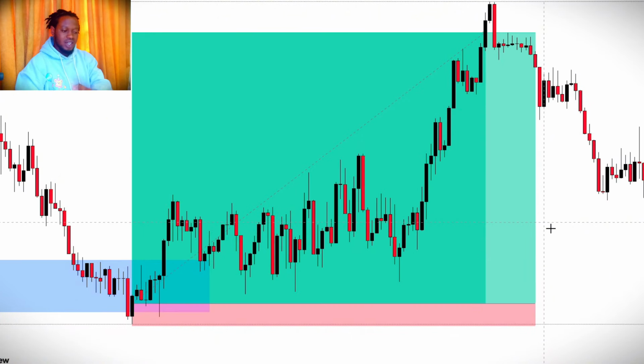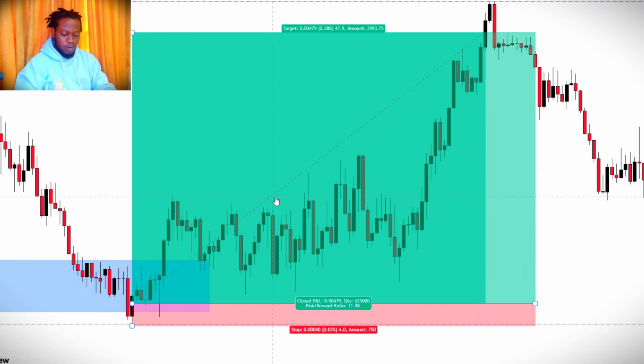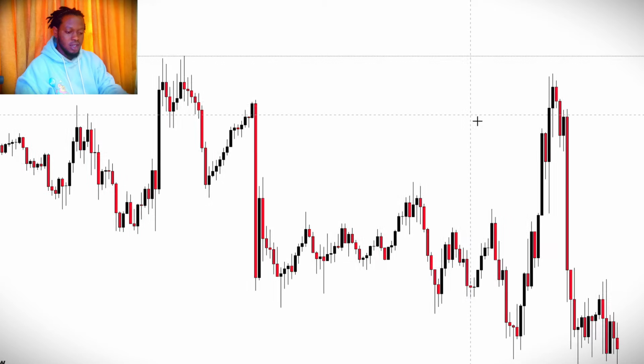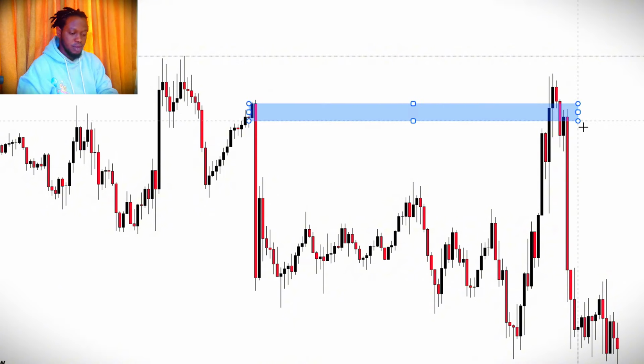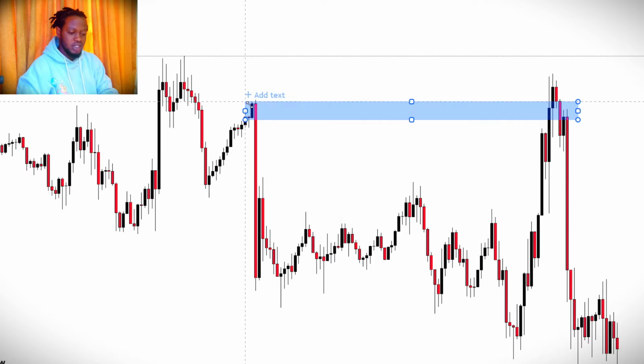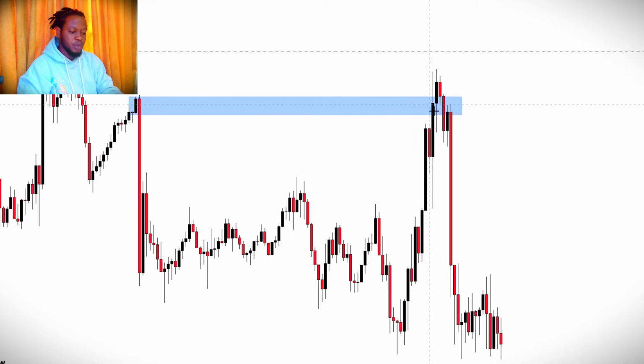Again, let me show you another valid order block. Here you can see clearly this inefficiency right here, this huge fair value gap at this point, and then our order block is the candlestick before the inefficiency. Right there is the candlestick before the inefficiency, and then you wait for price to tap into it and you wait for a candlestick confirmation.